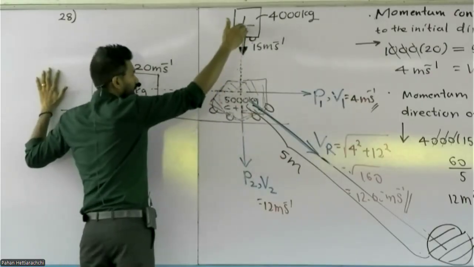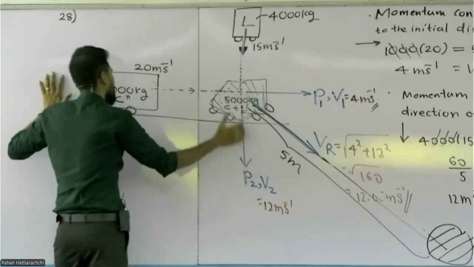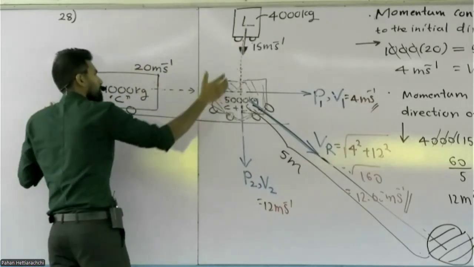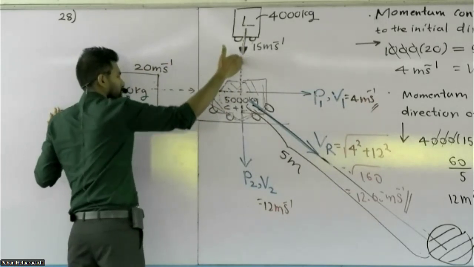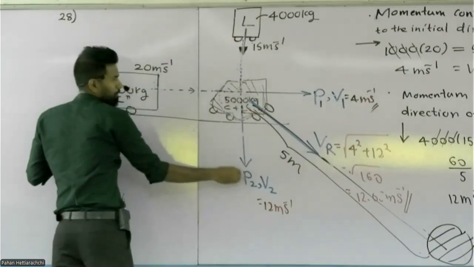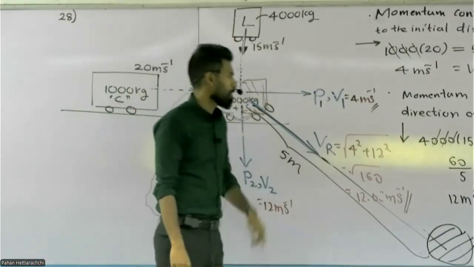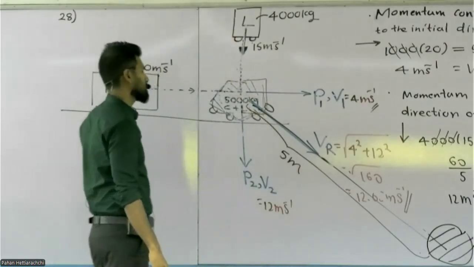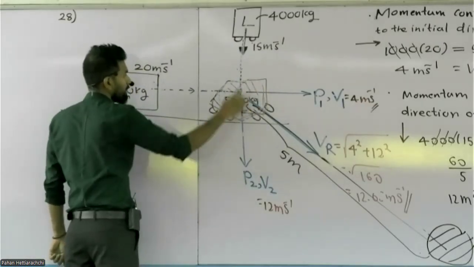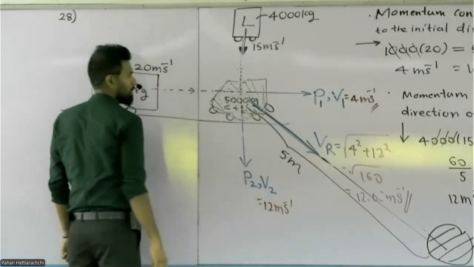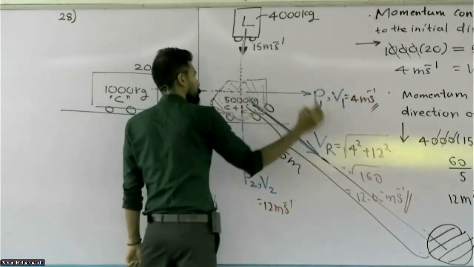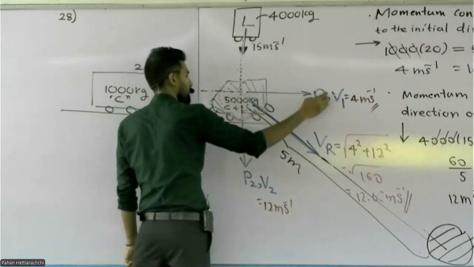When I'm considering the direction of the lorry, the initial momentum of the car does not affect it, because it is perpendicular. So, 4000 into 50 equals 5000 into V2. Then I received the velocity this vehicle combination will achieve in the direction of the lorry, 12. This vehicle combination has a velocity of 4 in the initial direction of the car.